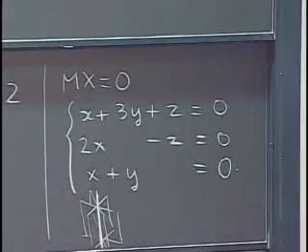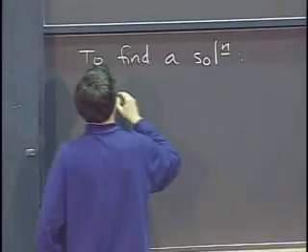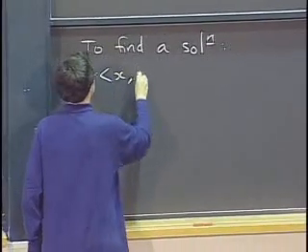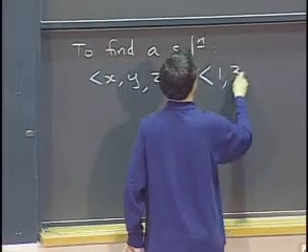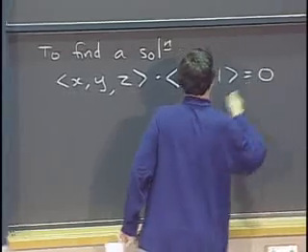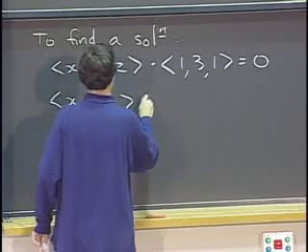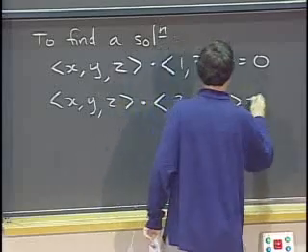But so what that means is really we want to solve, let's say, start with 2 of the equations. So to find a solution, we can observe that the first equation says, actually, that xyz dot product with 1, 3, 1 equals 0. And the second equation says xyz dot product with 2, 0, negative 1 is 0.